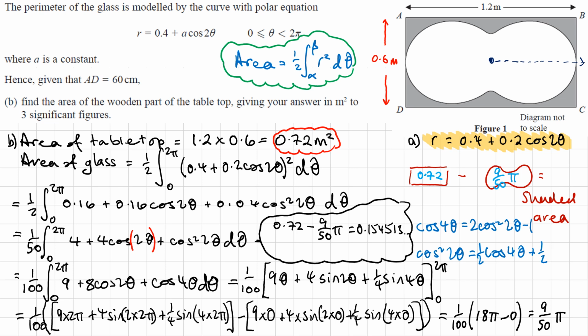The question does say that we need to give our answer in meters squared to 3 significant figures. So 3 significant figures here is going to be 0.155. So final answer 0.1, not 1 point something, 0.155 meters squared, and that's the 3 significant figures that they wanted. So that will be our final answer here for part B.